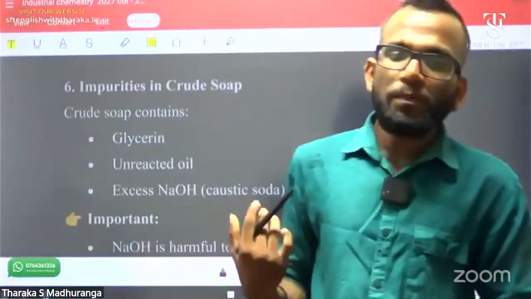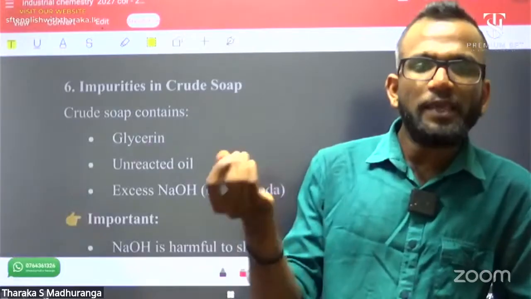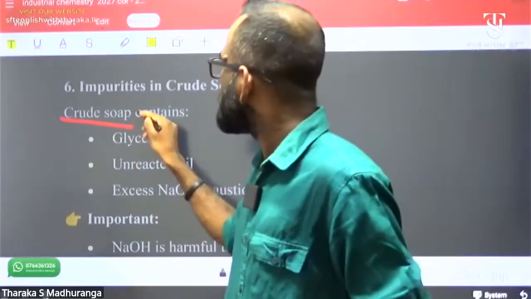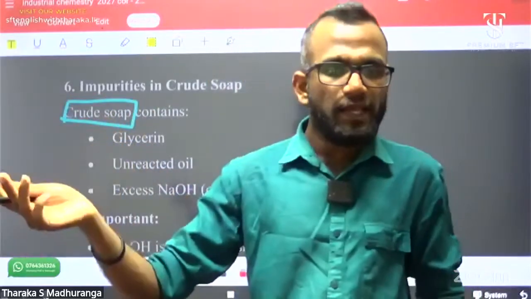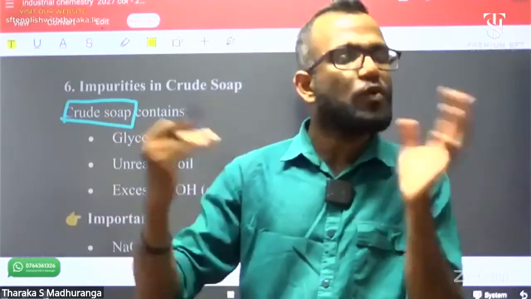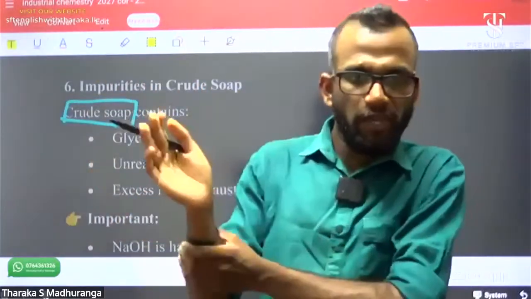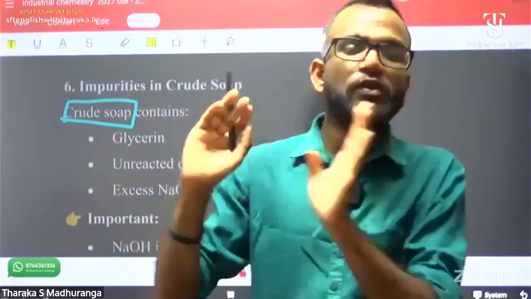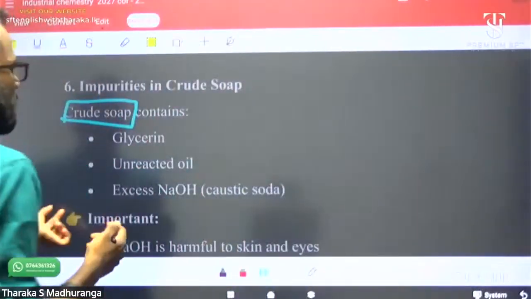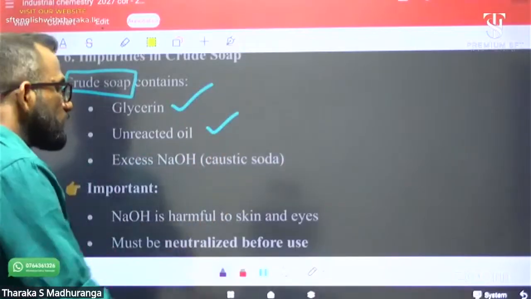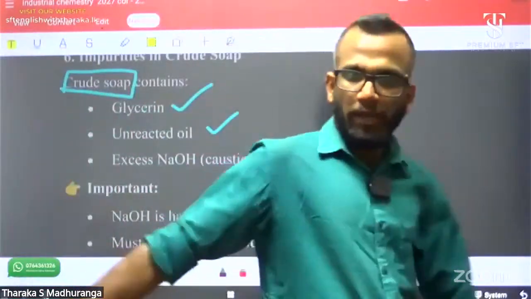The crude soap contains impurities. Crude soap means impure soap. After saponification, we call it crude soap. Crude oil means impure oil, the same as crude soap means impure soap. After saponification, it produces crude soap. Not clear, not clean. It contains glycerine, unreacted oil, and it can contain unreacted sodium hydroxide.